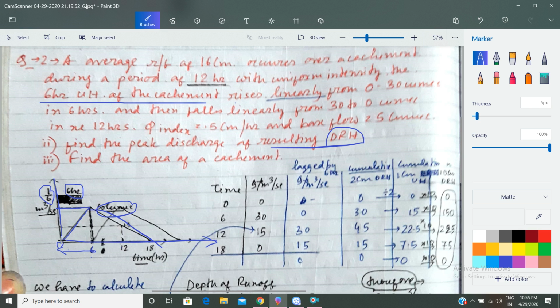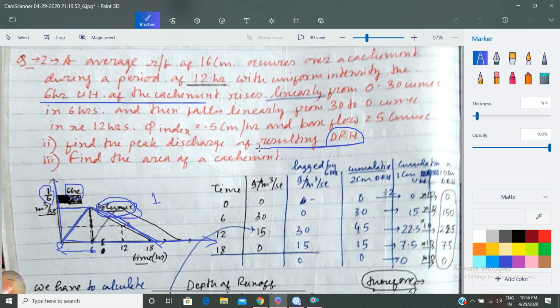This hydrograph is given to us, where the peak discharge is stated as 30 cumecs. This is a unit hydrograph, so it must have precipitation of 1 centimeter. You can understand this. Now we have to find the peak discharge of the resulting DRH.